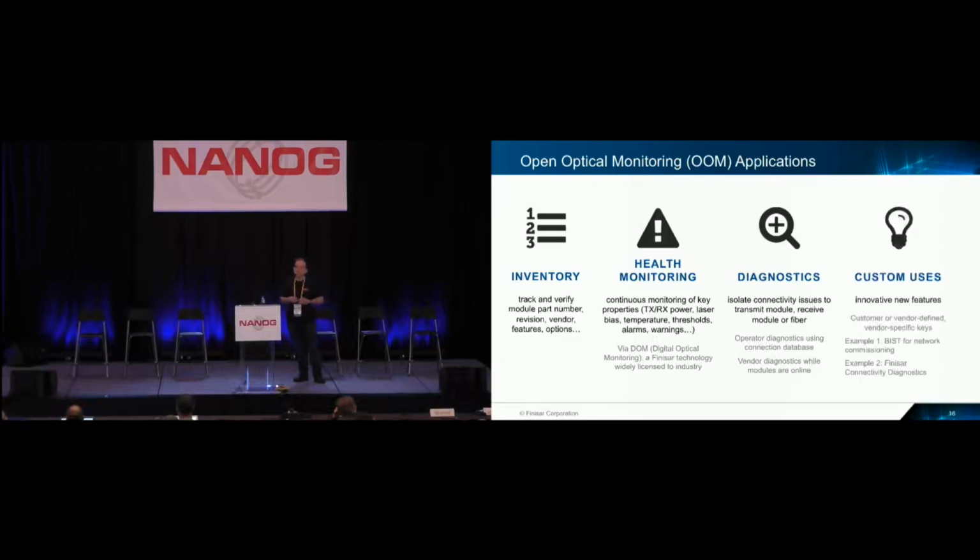And then custom uses, and this is where innovation comes into play. Different transceiver vendors like ourselves or others can provide innovative new features in those transceivers. Before, in the traditional paradigm, you had to go through a system OEM. They'd take 2 years to qualify the feature and try to get a second source for the feature, which is great because they make sure that thing works very solidly, but it takes a long time.